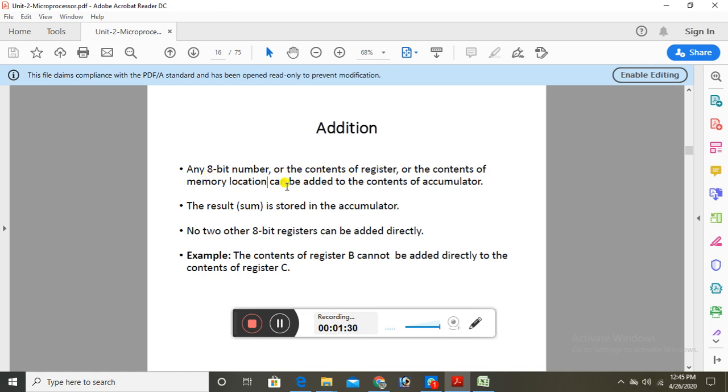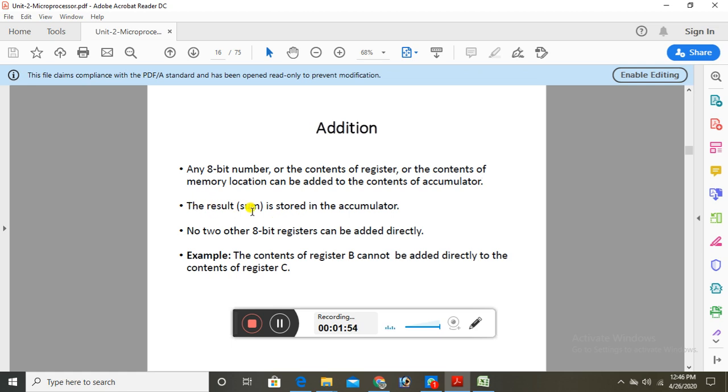All these three things are 8-bit only. The 8-bit data has to be added with the contents of the accumulator. It may be an 8-bit number, a register or a memory location, but it has to be added with the accumulator only. Fine.